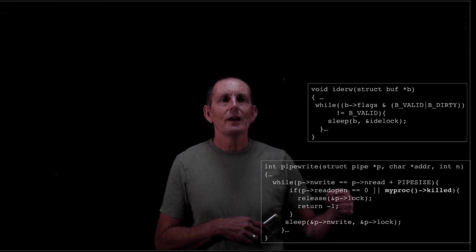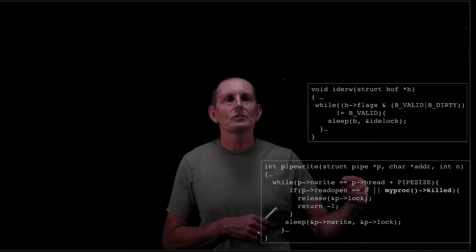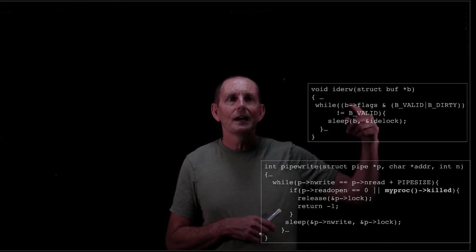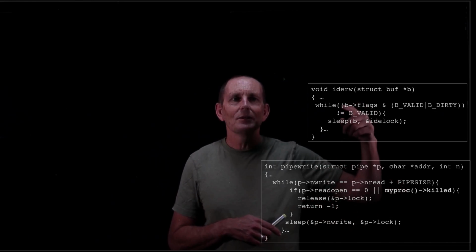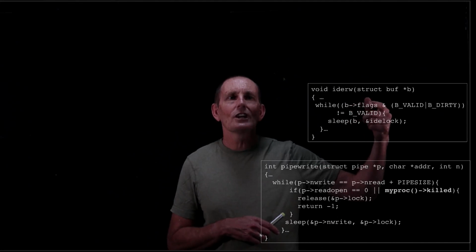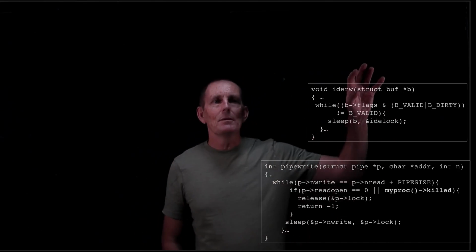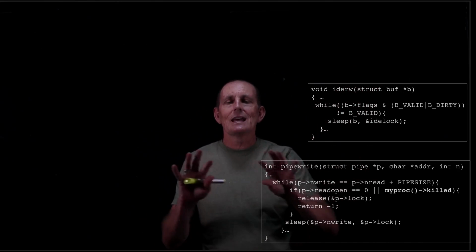So every time we're asleep and we wake up, we'll check and see. If we're killed, we're going to go ahead and bail out of here. On the other hand, in IDERW, we're not going to be checking that. We're only checking to make sure that our block has been read or written. We don't want to bail in the middle because there may be other operations that are happening. Maybe this is one of a sequence of blocks that has to be written.